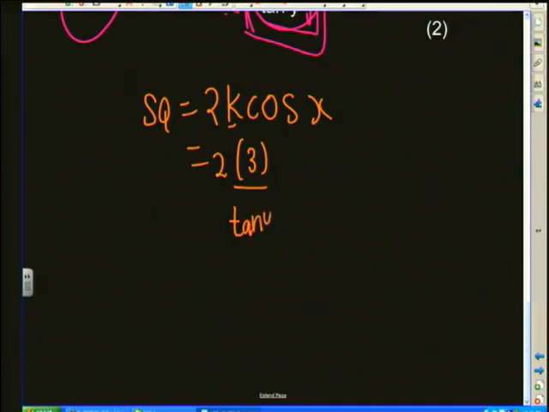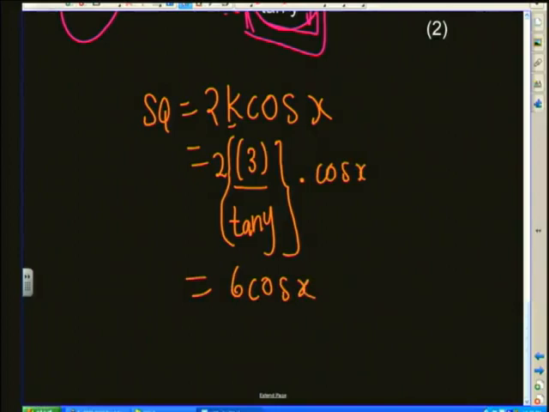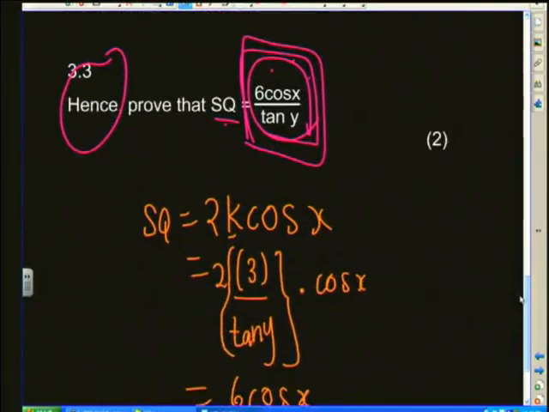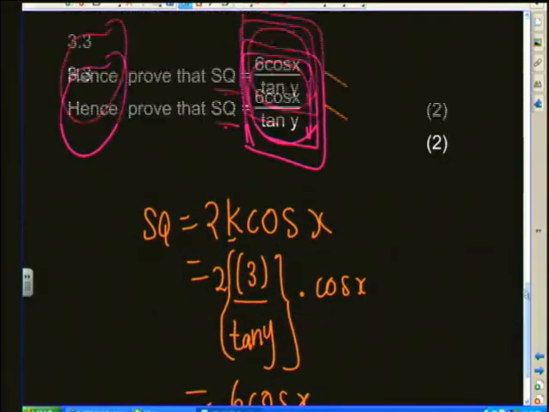So I can replace k with 3 over tan y, and that's times cos x. So I end up with 6 cos x all over tan y. All right, which is nice because that is exactly what they wanted you to show.